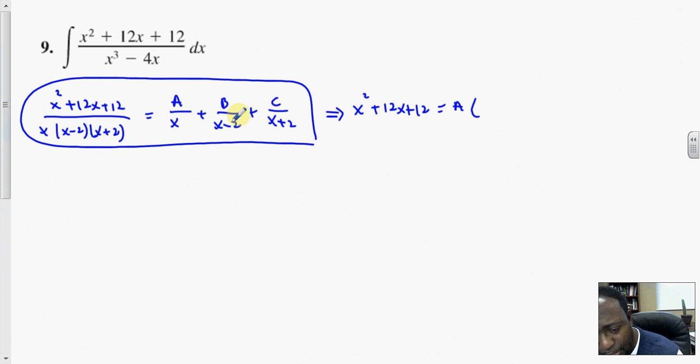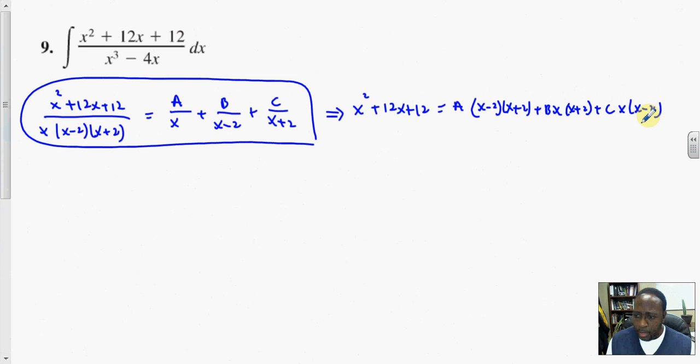The x's cancel out. You have left x minus 2 times x plus 2, plus b times, well, this has x minus 2, divide that into x times x minus 2 times x plus 2. You have left x times x plus 2. Then plus c, it doesn't have downstairs an x times x minus 2.